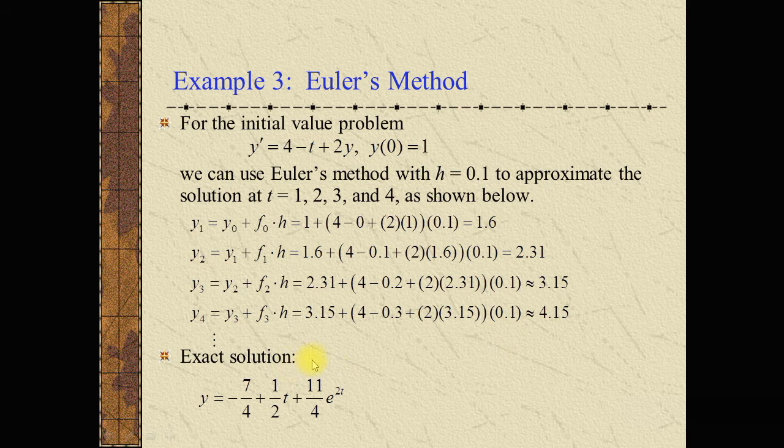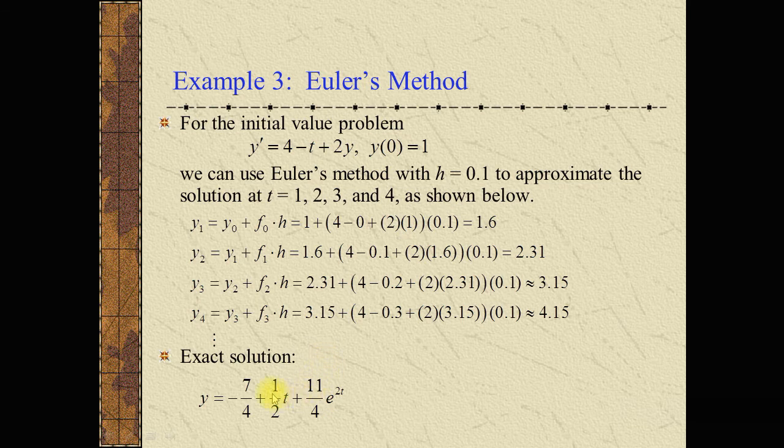Now the exact solution for this first order initial value problem, this is actually a linear equation. So the solution for this problem is y is equal to minus 7 by 4 plus 1 over 2 t plus 11 by 4 e power 2t.